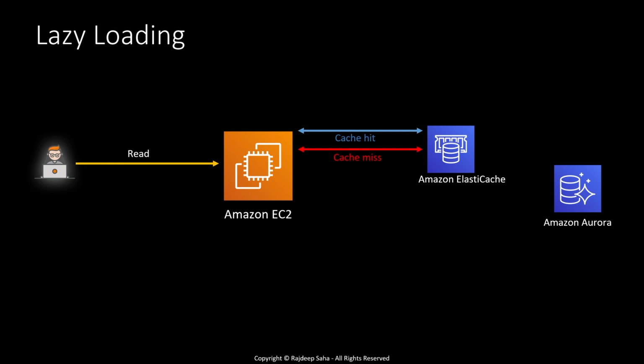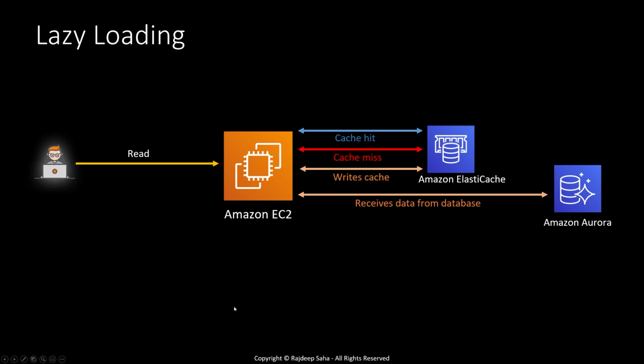If the information is not in the cache, we call it a cache miss, and in that case the code goes to the underlying storage, in this case the database, receives the data, and the backend code at this time also writes this information to the cache. And of course, the same information is returned to the user as well. This method of loading the cache is called lazy loading.